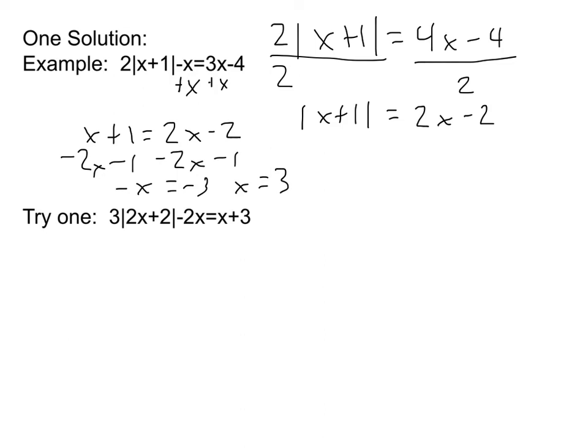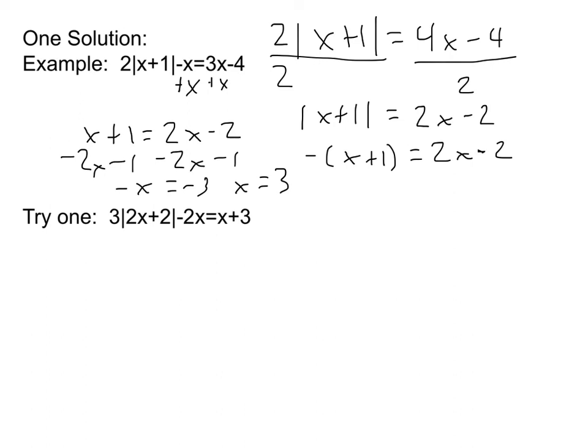Okay, the other one that we need to check is if we do a negative x plus 1, that should be equal to 2x minus 2, because the absolute value says if we have a negative answer in there, that should also equal that.